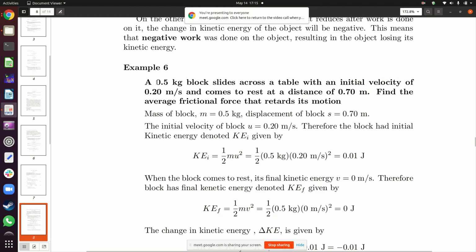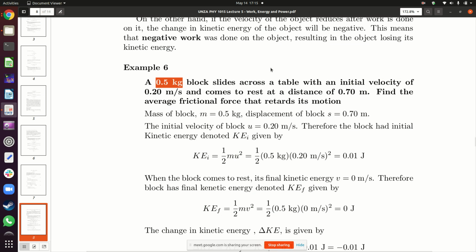So we know the mass of the object is 0.5 kg, and it started sliding across a table. A table is flat, so the object does not experience a change in height.